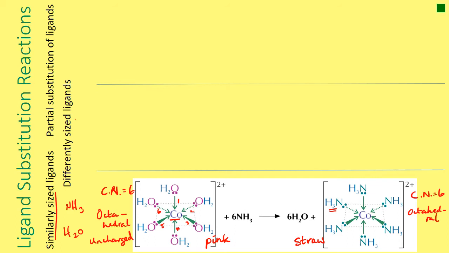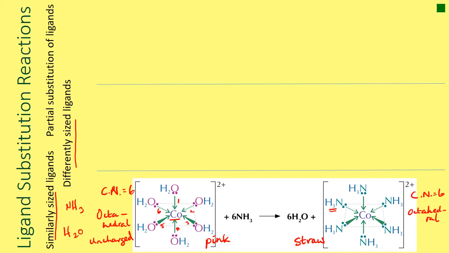So moving on to the situation where the ligands are of different sizes. In this case, as you might imagine, you do get a change in shape and you do get a change in coordination number because evidently the bigger ligands, you can't fit as many of those around the central metal ion as you can the smaller of the ligands.